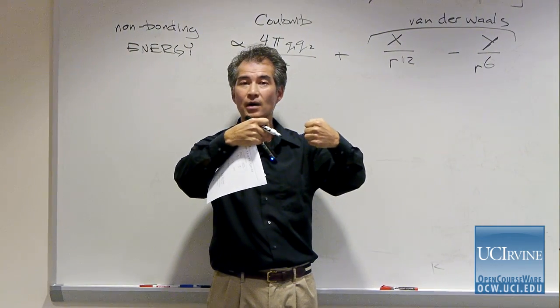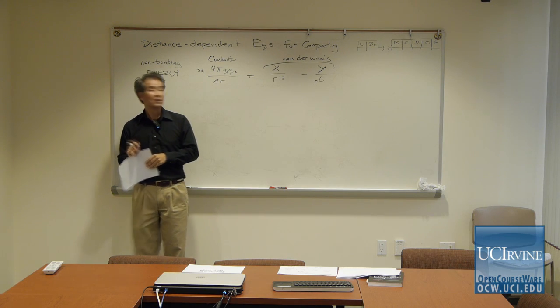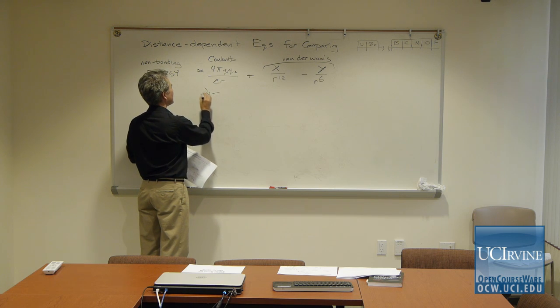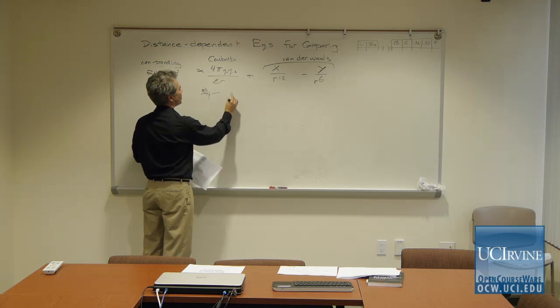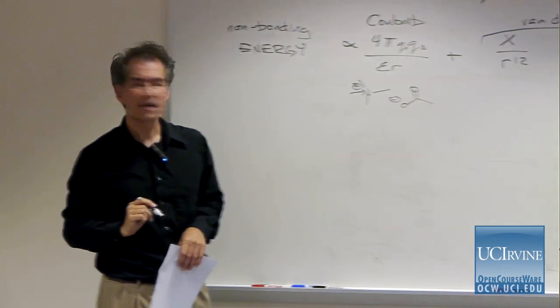The energy gets lower. These are good equations for thinking about non-bonding interactions, for thinking about charges on the inside of a protein. If I think about a lysine side chain that has a positive charge and a substrate that has a negative charge, this is a good equation for thinking about that.